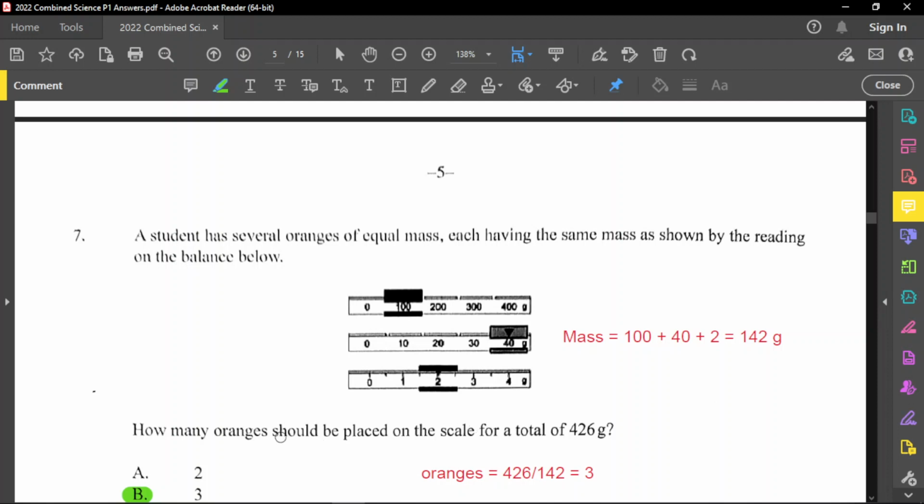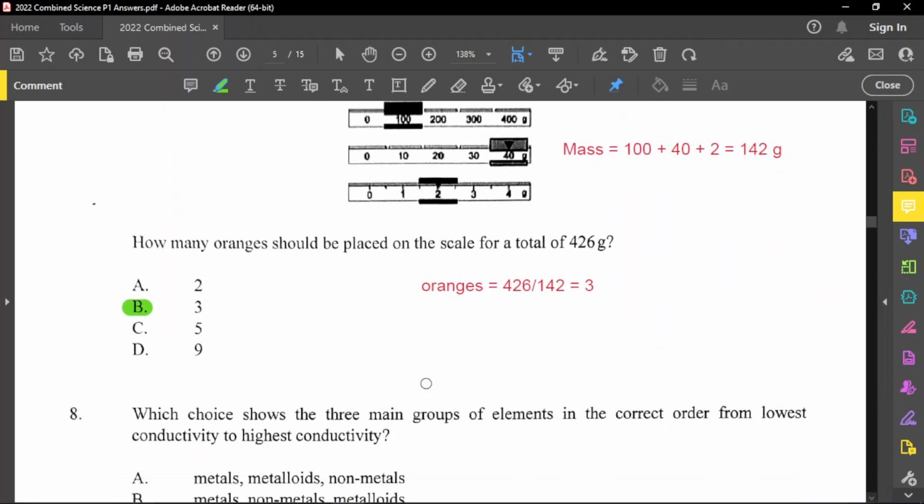Now, how many oranges should be placed on the scale for a total of 426 grams? If each is 142, just divide 426 by 142, and we get 3, and so B is the correct answer.